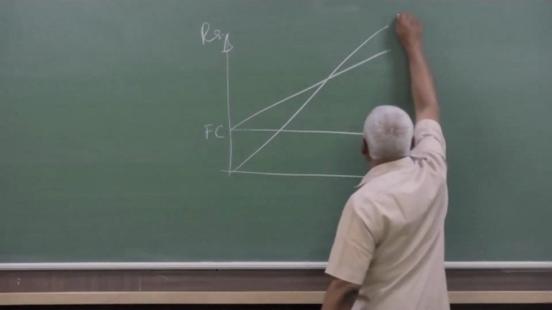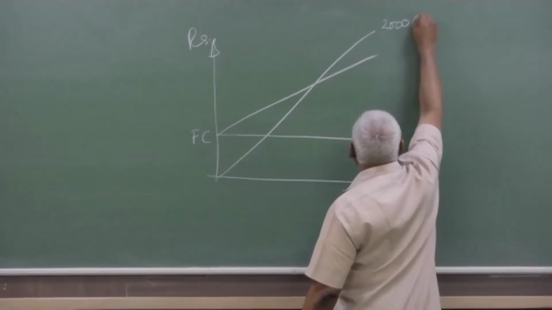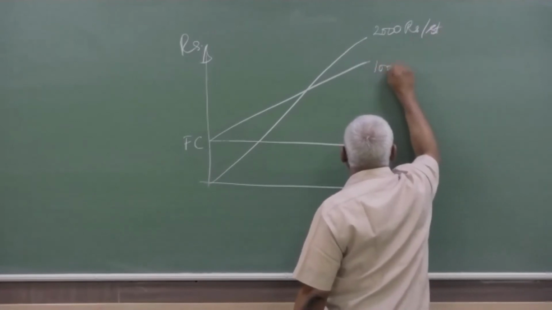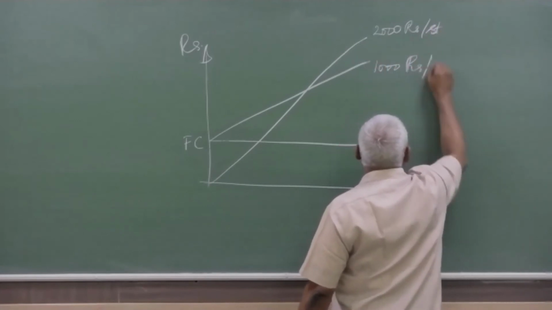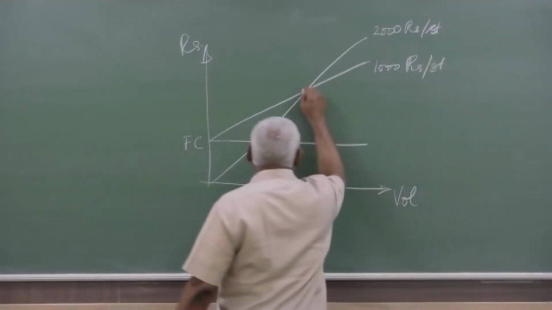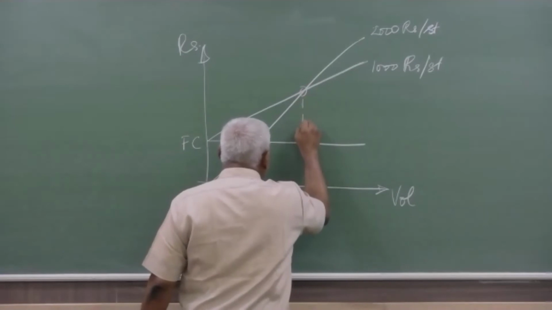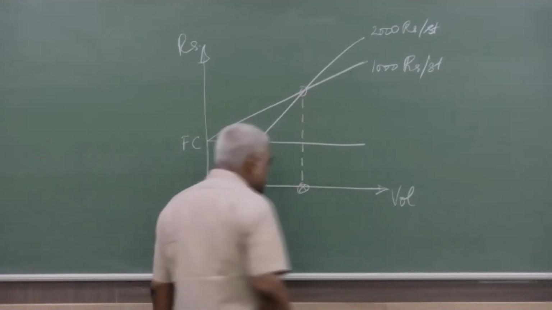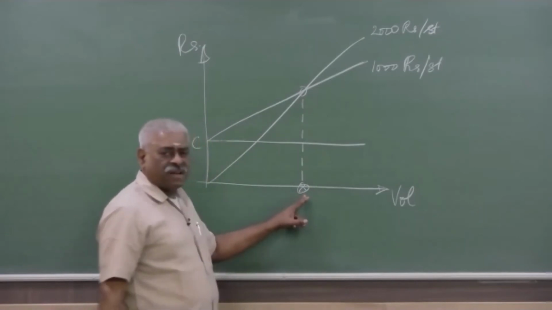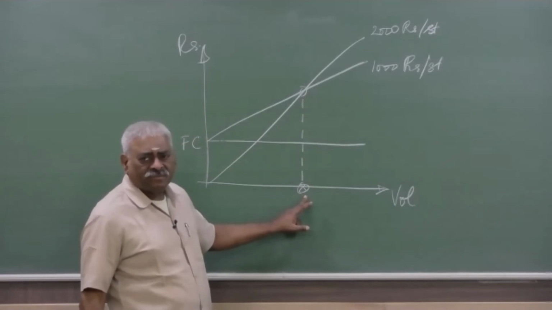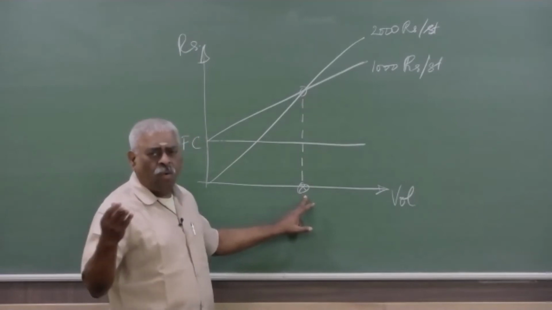So I'll just mark it here, 2,000 rupees per student and 1,000 rupees per student. I'm just taking a hypothetical example. Now this point presents this number of students here. It presents the break-even point for the teacher. Do you agree? Because now what does it mean?